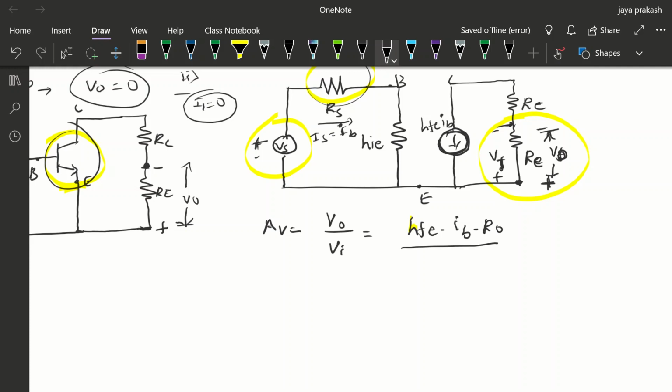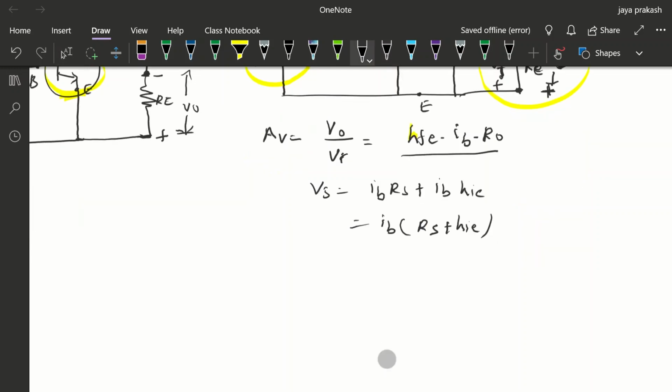At the input side, the voltage Vs is equal to the voltage across RS, that is IB into RS, plus IB into HIE. So that is equal to IB into RS plus HIE, taking IB common. So this is your Vs.